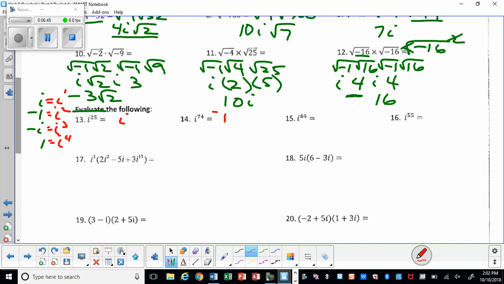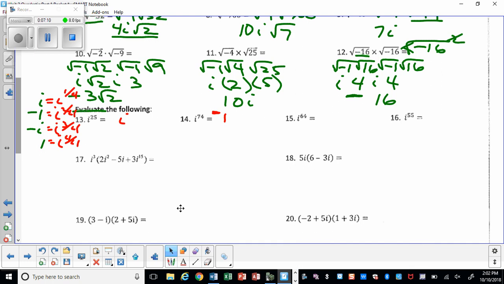Right? This is 1/4, 2/4, 3/4, 4/4. So this would be a -1 if you have a leftover of 2, or 0.5.